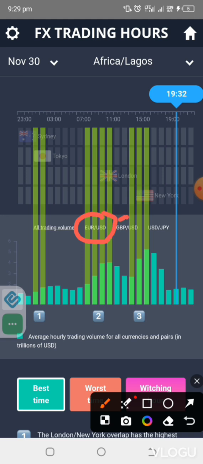Another one is GBP USD, and USD JPY. That is EUR USD, GBP USD, and USD JPY. You can choose any one of these pairs and focus on that pair during this session.